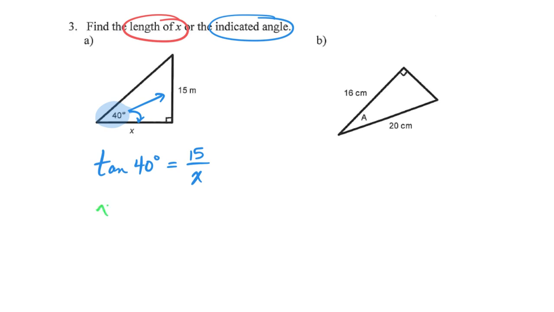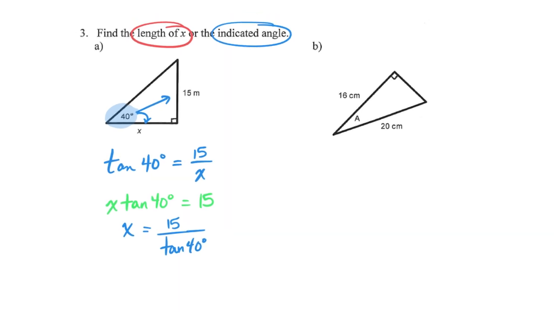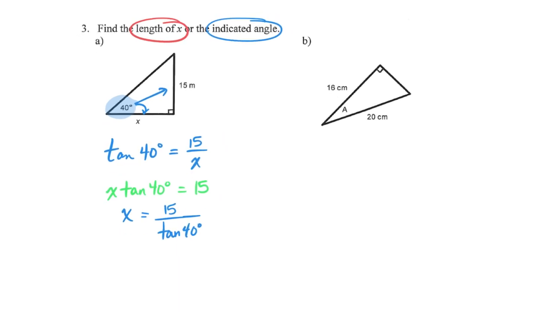You could show me this line if you want, that is multiplying out your divide by x. I need to see x isolated, so make sure that you show me that x equals 15 divided by tan 40. And now the rest is button pushing.